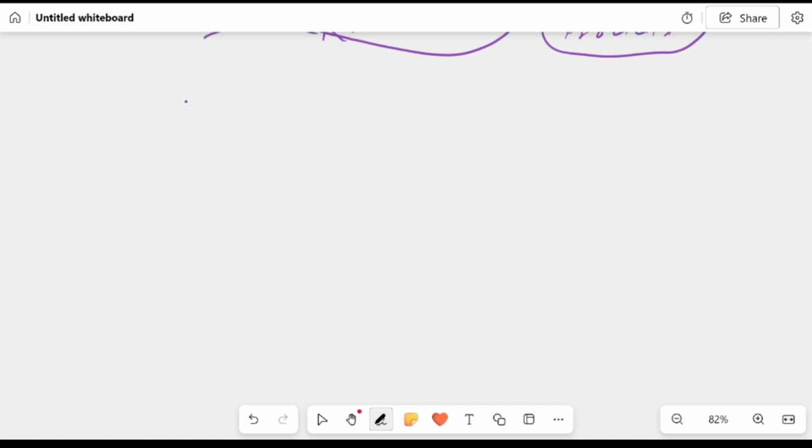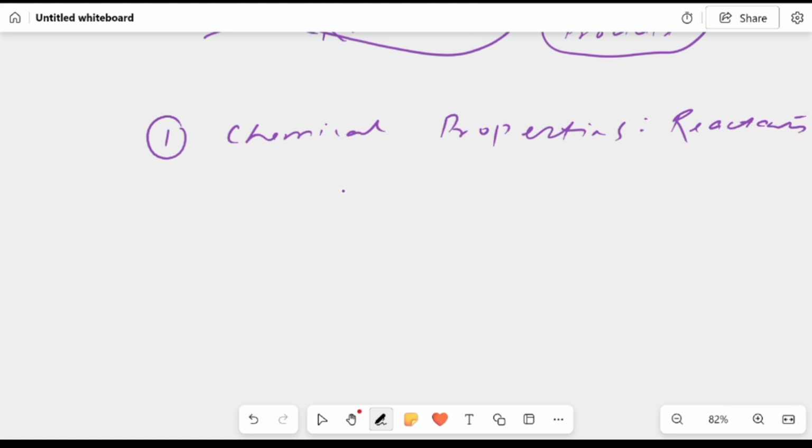So what happens here? First, the chemical properties of reactants and products are different, right?